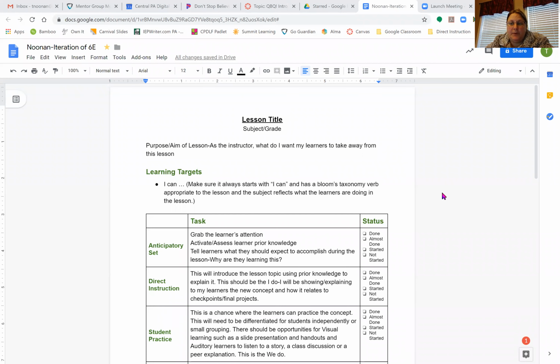Okay. So I kept it in the same format as what the 6E is. I just changed it to explain better for myself.